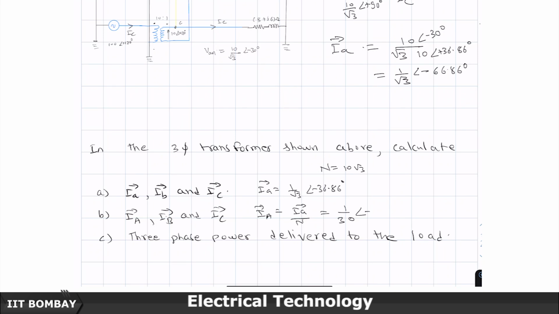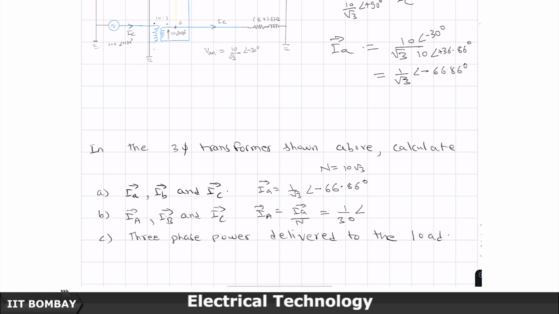So this is going to be equal to 1 by root 3 at minus 66.86 degrees. And now the current magnitude will become 1 by root 3, which is correct.